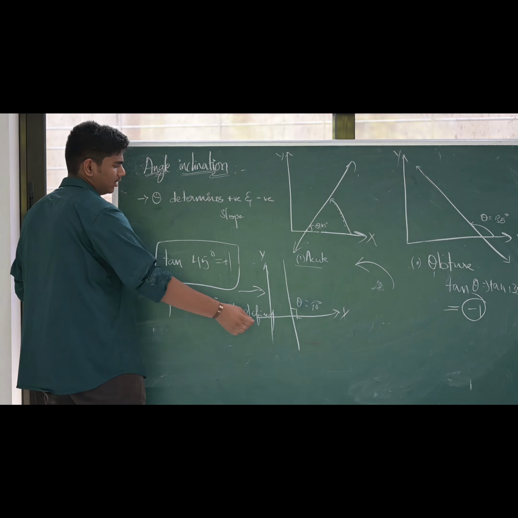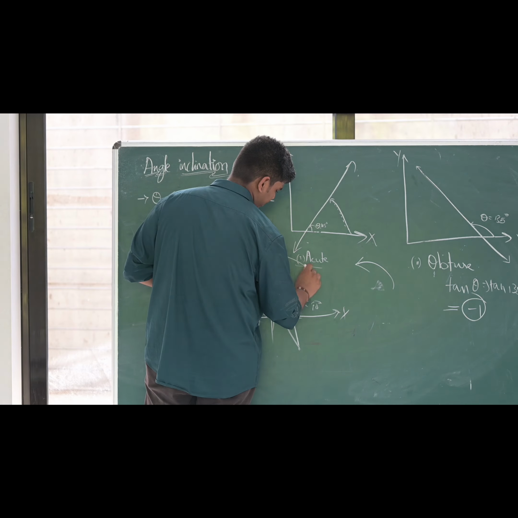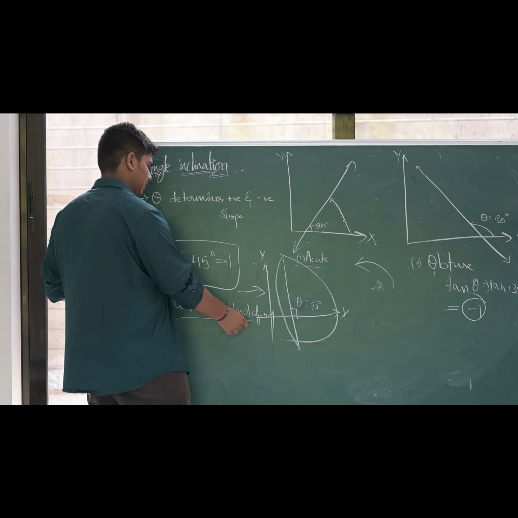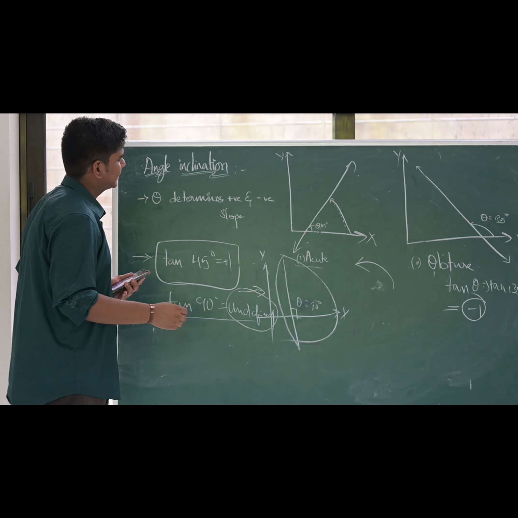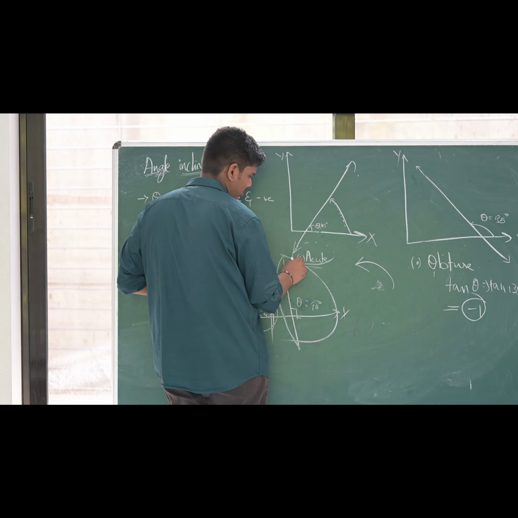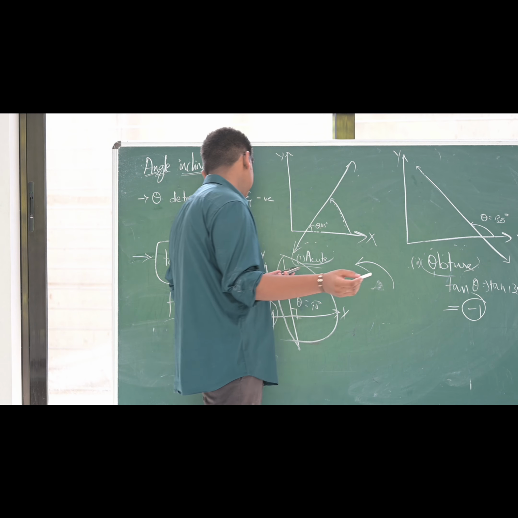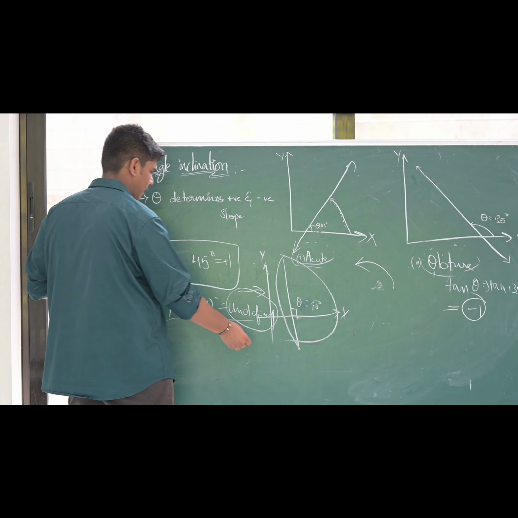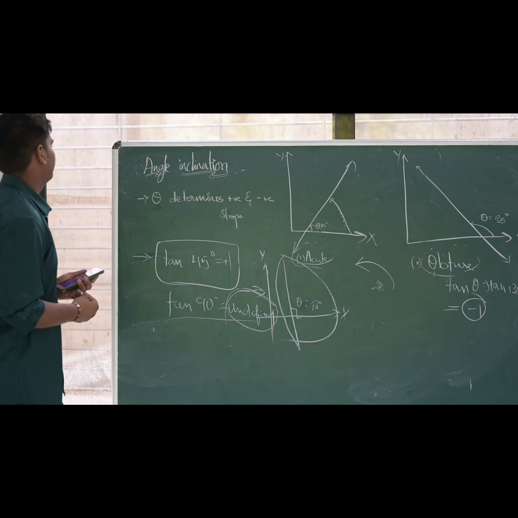So the slope of a line which is perpendicular to the x-axis is undefined. There are three cases: when it is acute, it is positive slope; when it is obtuse, it is negative slope; and when it is 90 degree, it is undefined slope. Understood? If you have any doubts, put them in the comments.